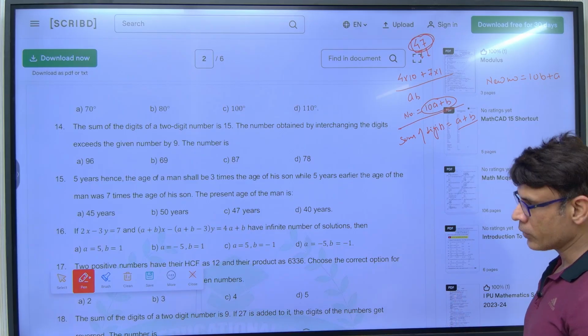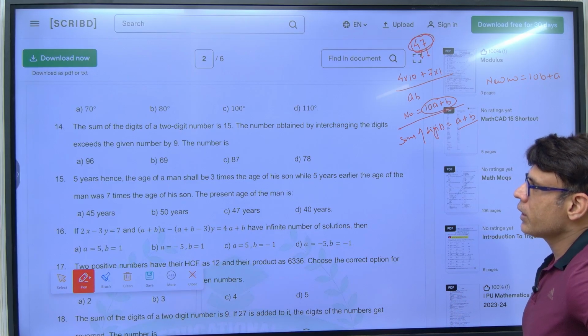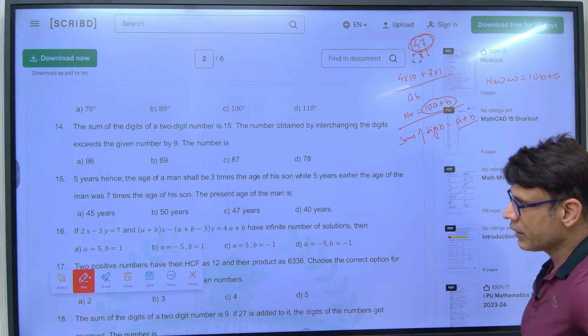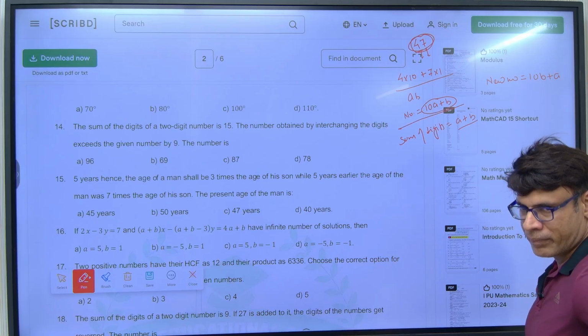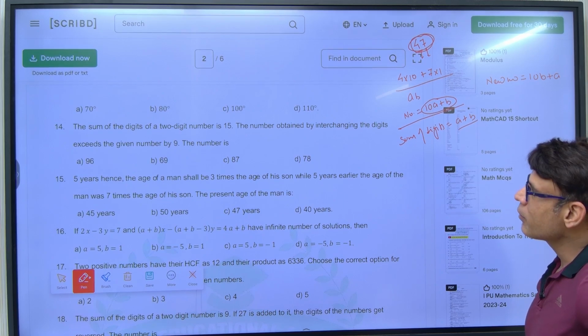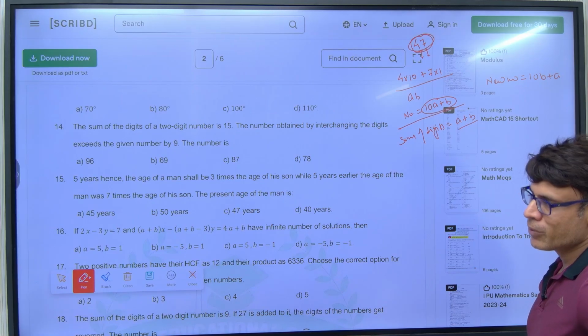Look at this 14th question. What is given? The sum of the digits of a 2-digit number is 15. The number obtained by interchanging the digits exceeds the given number by 9. First of all, you should know what is written. In maths, this is the difficult part. It says the sum of digits of a 2-digit number is 15.